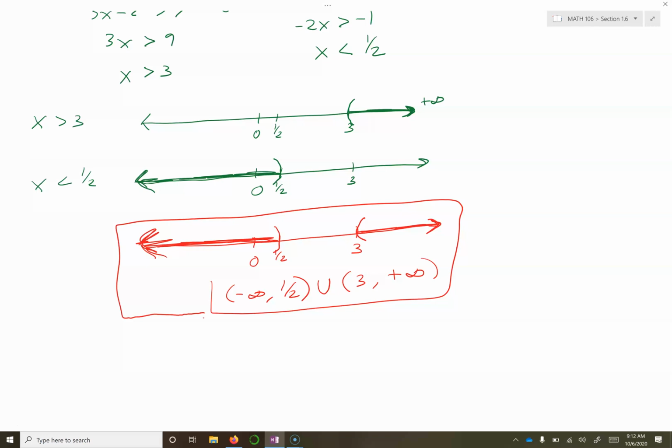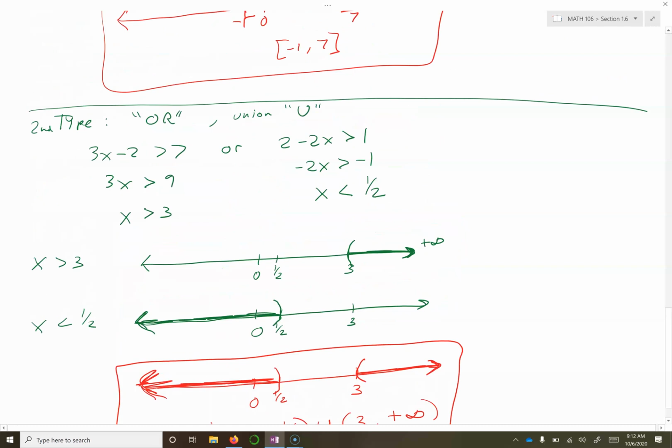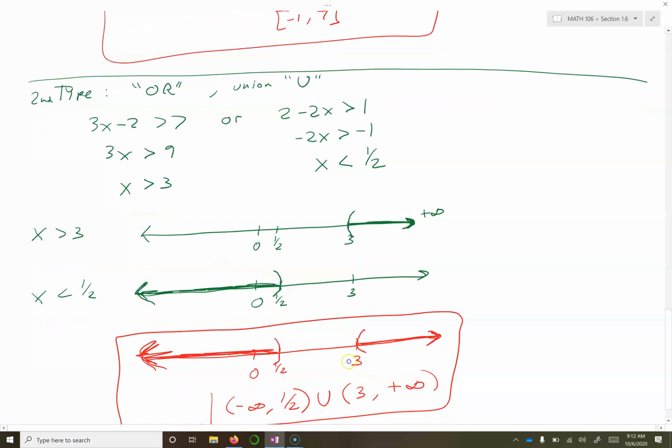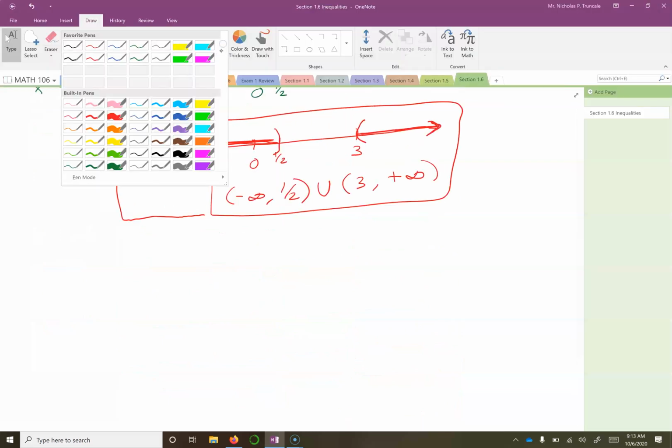Okay. So that's solving ors and ands, specifically dealing with linear type inequalities, where x is only x to the first power. We haven't seen an x squared or anything. But there are inequalities where the polynomial has a higher order.